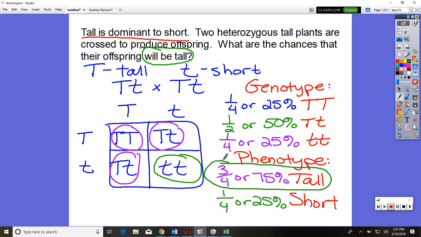It's important to go through both because your homework is going to ask you, some of them will ask you about genotype, which is the genes or the alleles that you'll see. And some of them will ask you about phenotype, where they're asking you what characteristic it expresses as, tall or short. One of the homework questions is blue or green. So it's just asking you what the actual physical characteristics are that you will see.